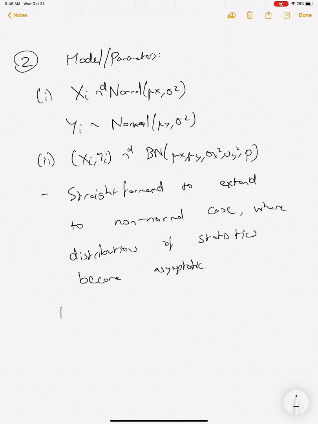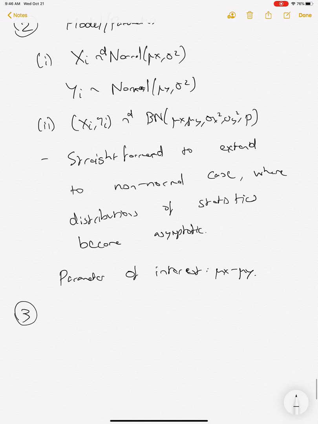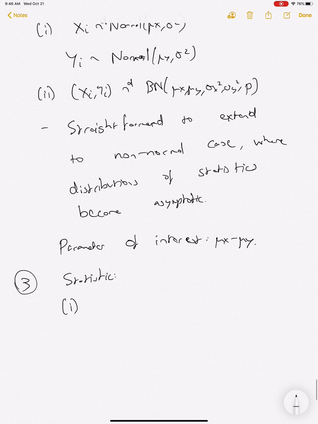And so the parameter of interest here is mu x minus mu y. And then if we have a statistic, in case 1, it's going to be x bar minus y bar, and you could also have that rescaled to be Sp times square root of 2 over n.